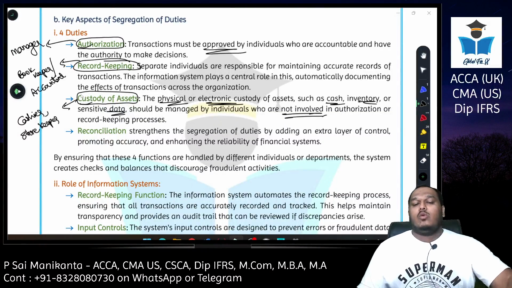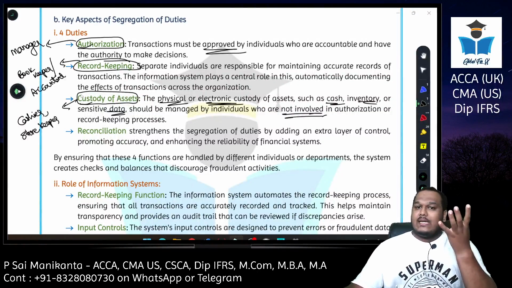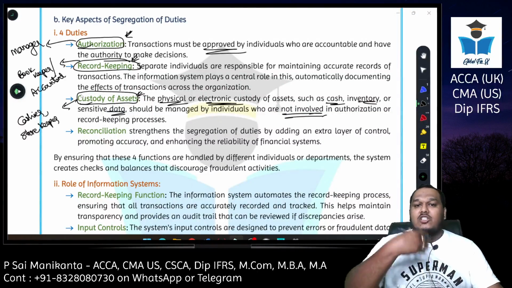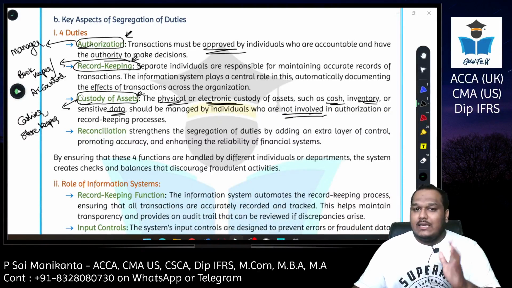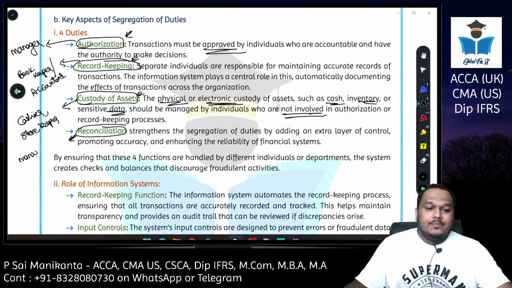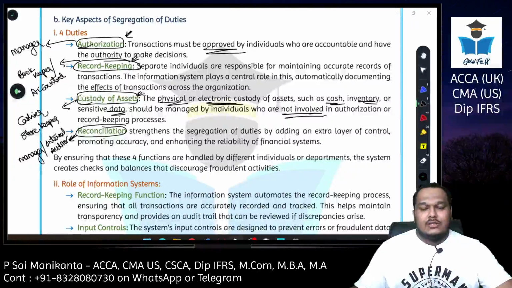Now, once a transaction is initiated, it will get authorized and approved by a person, it will be recorded in the system, and then the physical custody person, the cashier, will make the payment or the inventory will be released. Three different persons should do these three different activities, and apart from these three there should be a reconciliation, by somebody else, a manager or an internal auditor. Somebody else should review this particular transaction and the entire procedure.